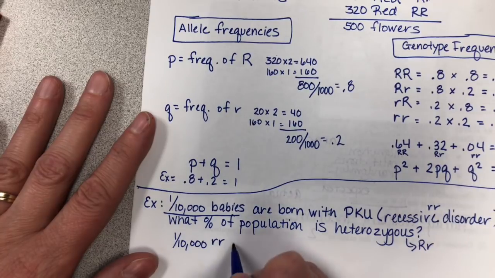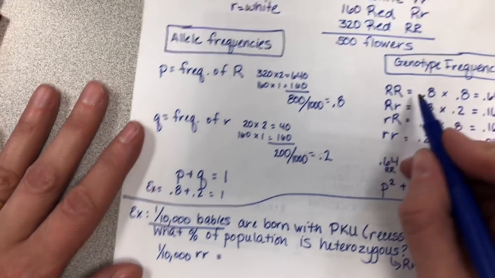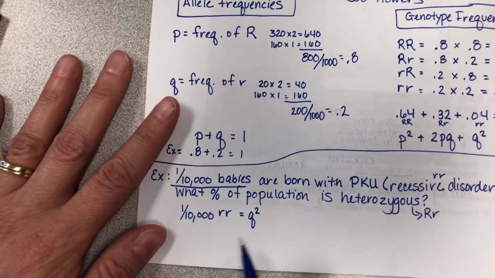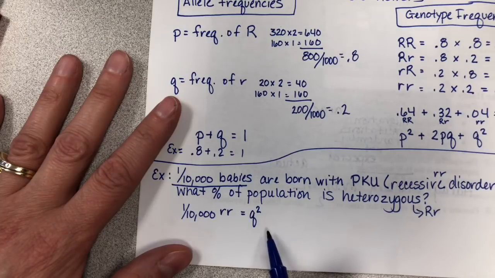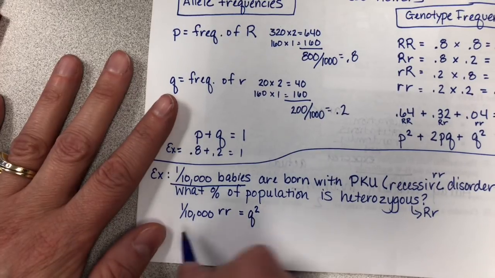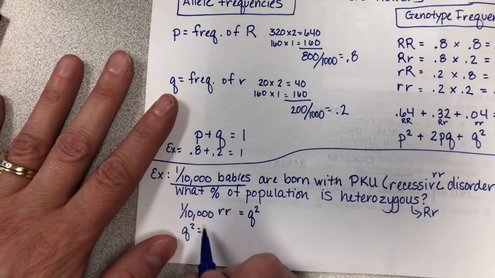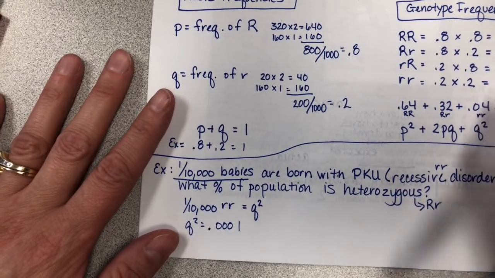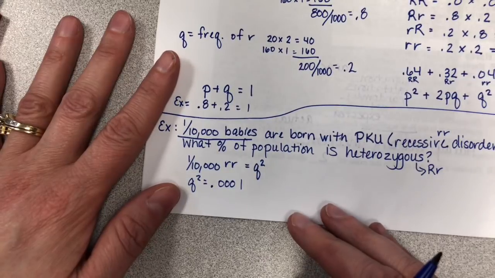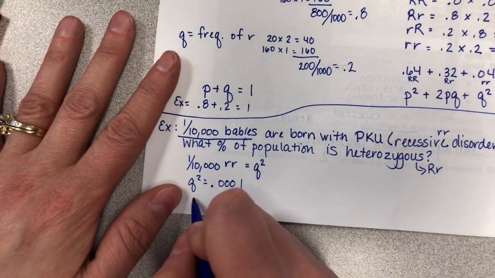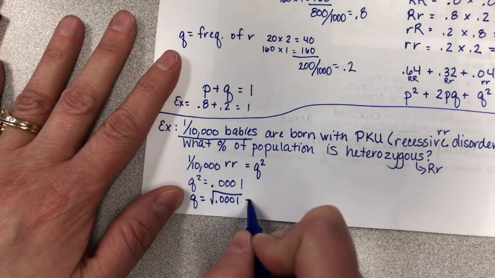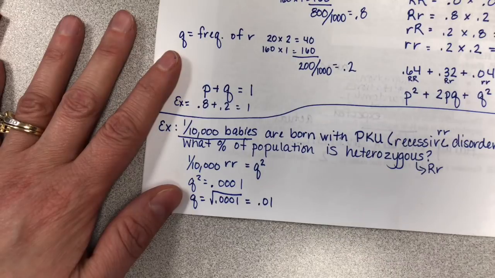That is Q squared. That's the frequency of the recessive genotype. That's a genotype frequency. If I know Q squared, can I find out Q? Absolutely. So I'm going to rearrange this. Q squared equals, and I'm going to put it in decimal instead of fraction format, 0.0001. Just move the decimal over. And so Q is going to be the square root of that, which is 0.01. I know Q.